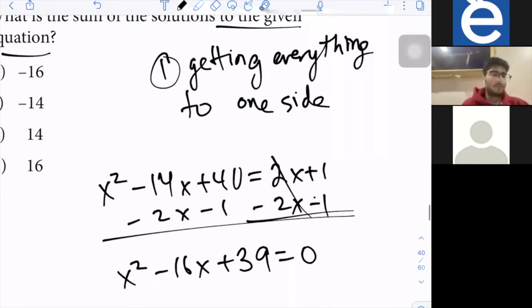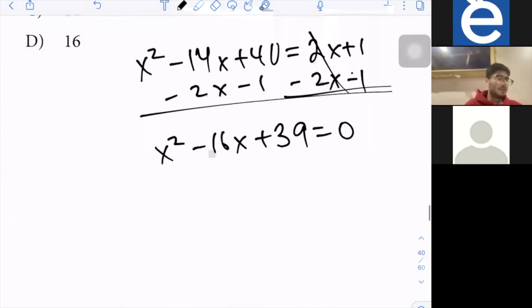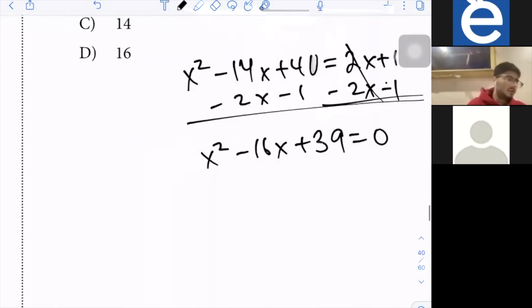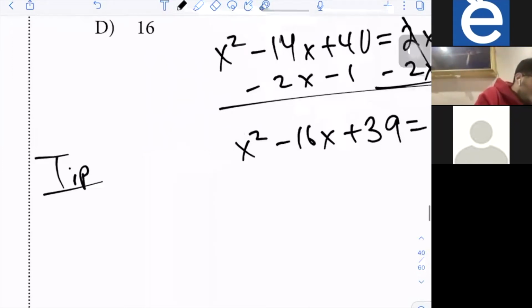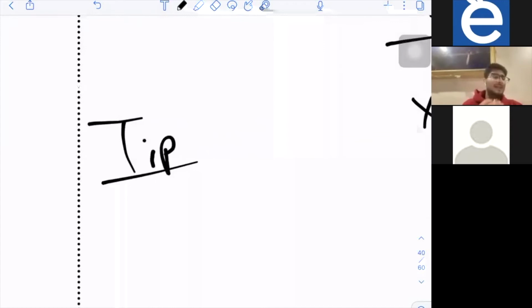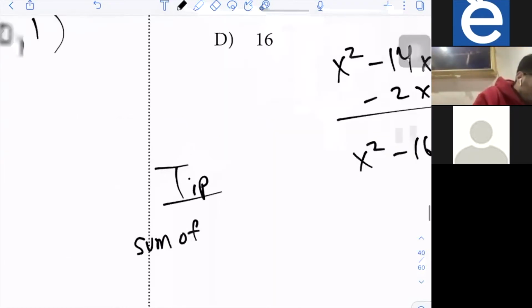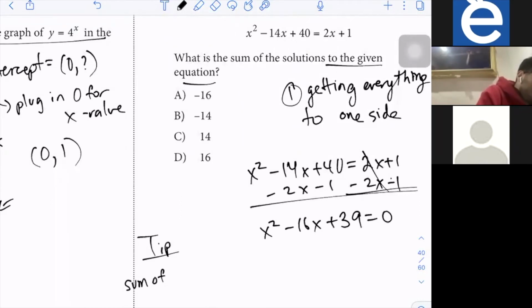So the fastest way I learned, or the tip that you could use, make sure to write this down. If you do sum, you can use the formula for finding the sum of the roots and the product of the roots. The sum of the roots, that's what the question is asking, the sum of solutions or roots.